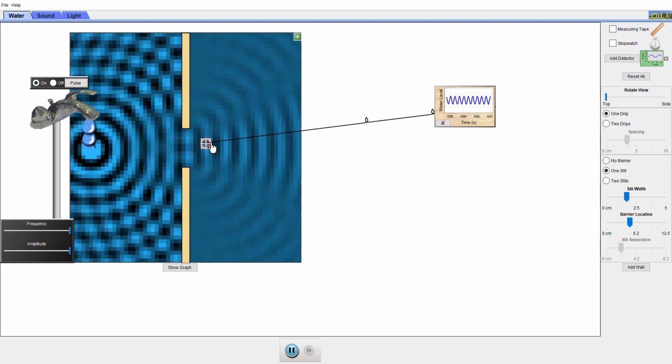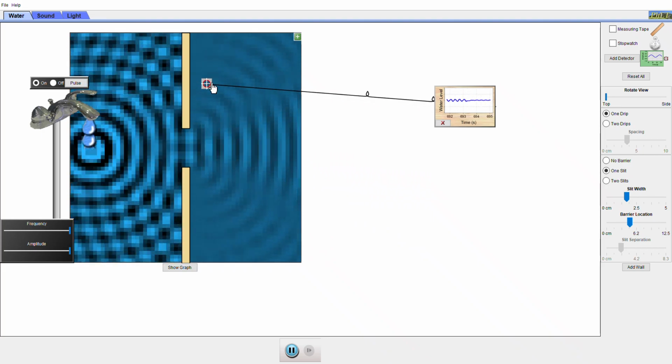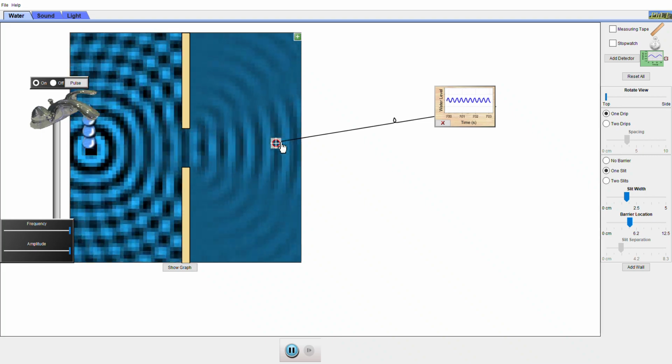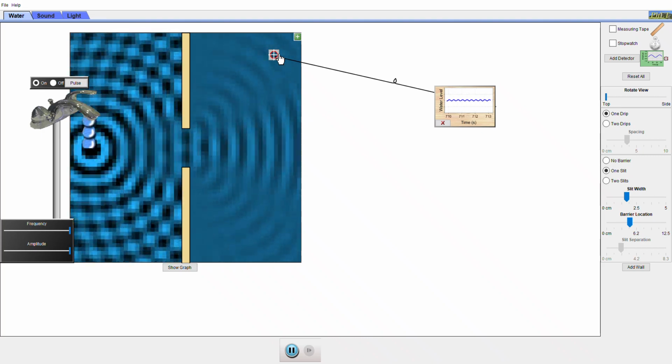The farther away from the center I get, the smaller the amplitude is. Okay, we can go here. And also the farther away from the faucet, the lower the amplitude too, just because the waves are losing energy. But if we go the same distance away from the faucet, we're getting smaller and smaller amplitude of those diffracted waves.